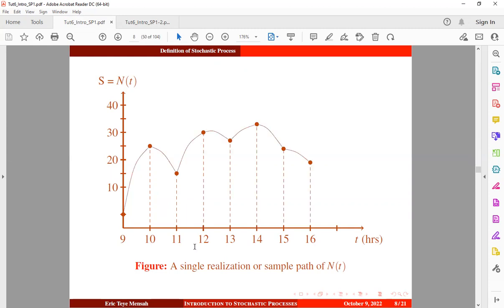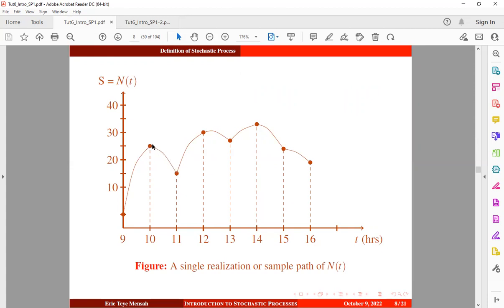Now, because we have an index set which is continuous, time is continuous, this is how the sample path or the sample function or the realization will look. Between 9 and 10 a.m., we can observe any of these possible values. These are the number of customers who can visit the bank from 9 a.m. to 10 a.m. The same applies to 10 a.m. to 11 a.m. You can observe all these possible values.